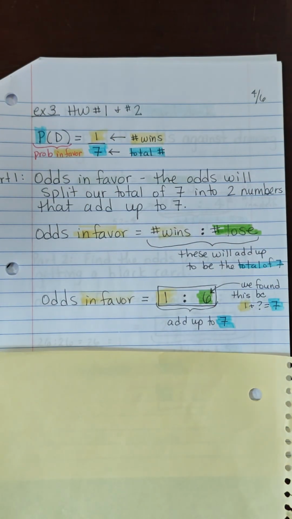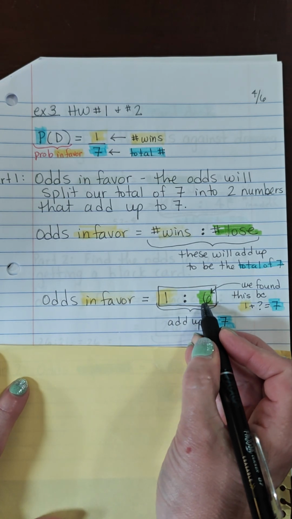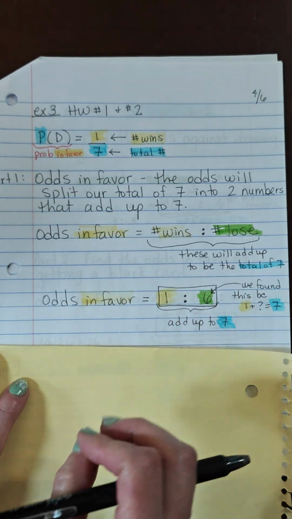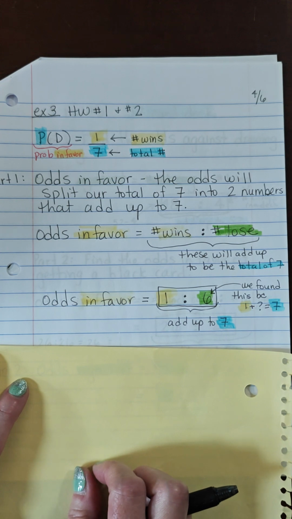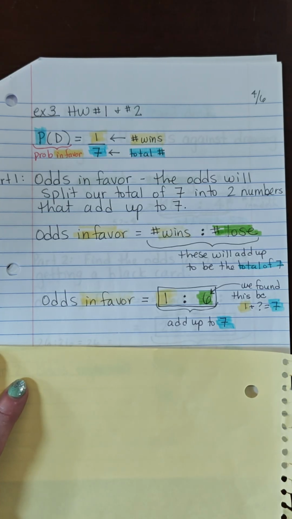I much prefer to think about the odds as splitting that total apart and the probability pulling it back together. I feel like that is an easier way of doing it than the formula. But of course, if you read through how Alex does it and you like how that formula works, you are more than welcome to use it.